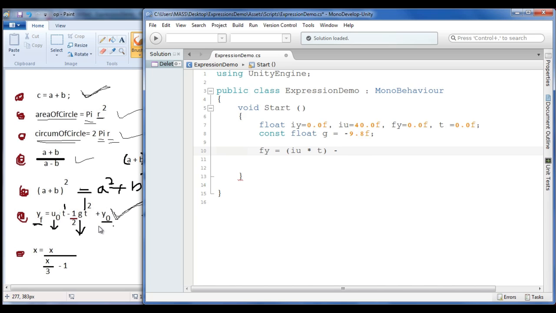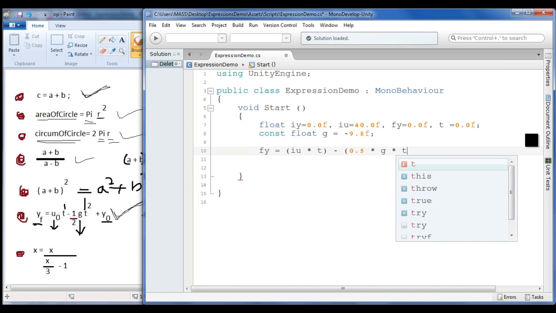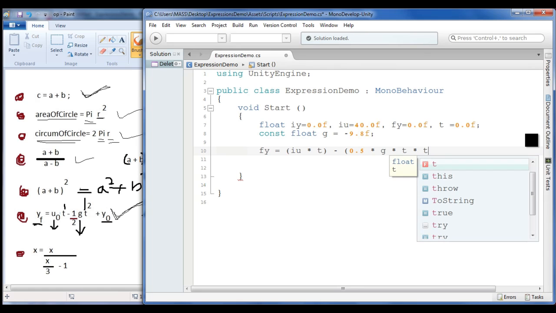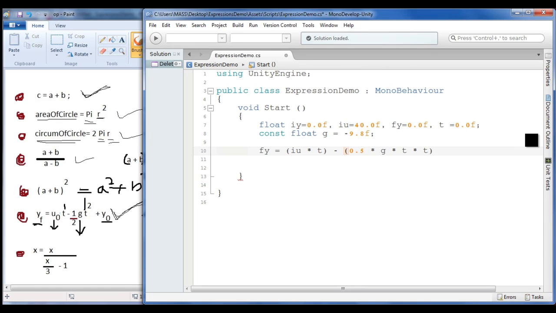Instead of writing half, I can write 0.5, that is actually half, multiplied by, okay, now this part should be evaluated separately. Half of g times t times t, that is half g t square, plus initial y position.